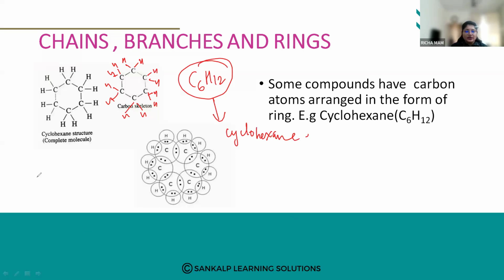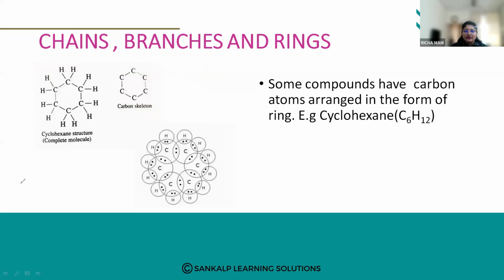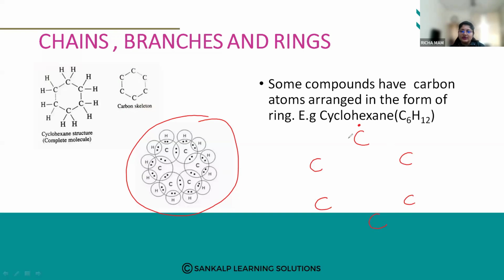Fine. So if you want to write the electron dot structure, this is the electron dot structure. How will it be? It will be carbon, carbon, carbon, carbon, carbon, and carbon. Each carbon will have 4 electrons, so you have to write each carbon's 4 electrons like this.